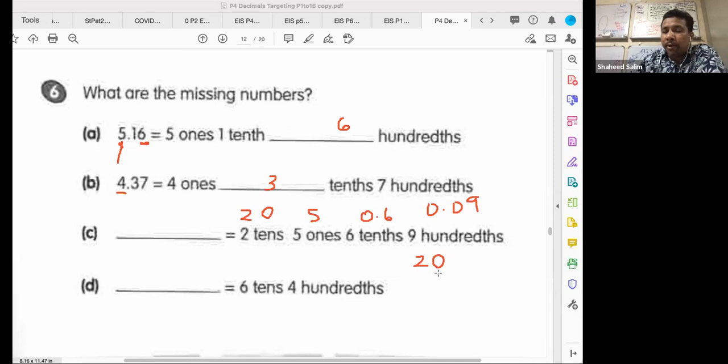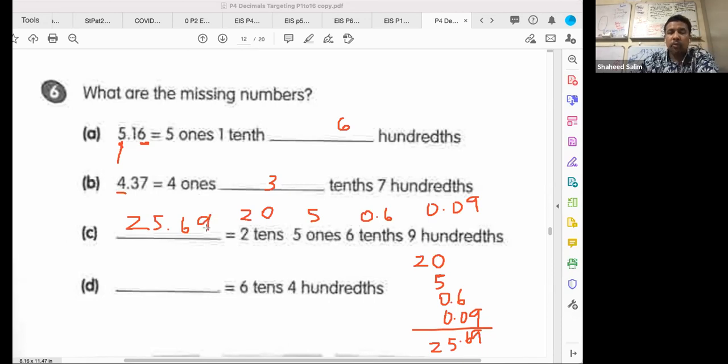But remember, arrange all the ones in the same line. The dot must be also the same. Now here, see, 0.6, 0.09. And then you add them up together. You get 9, 6, put the dot down here, 5, 2, 25.69.